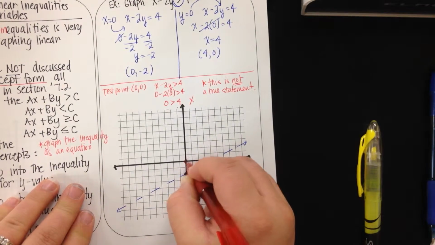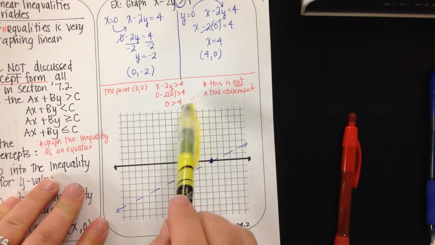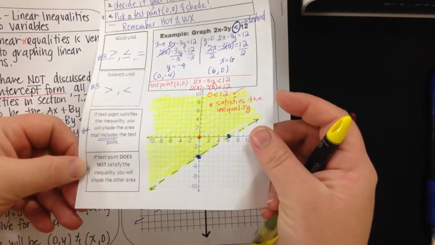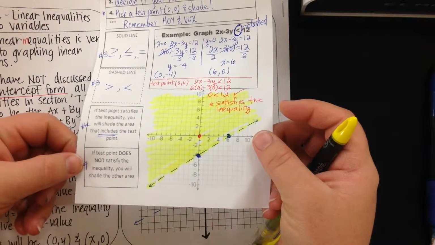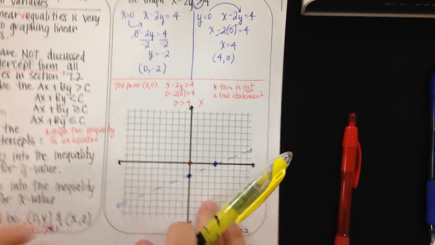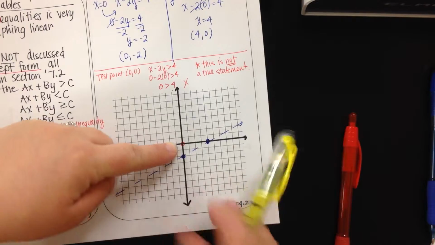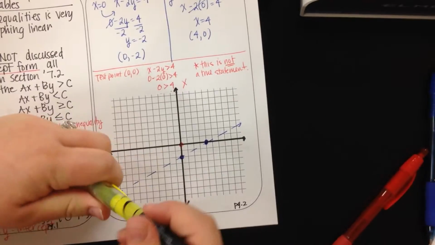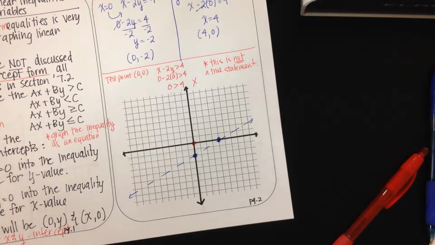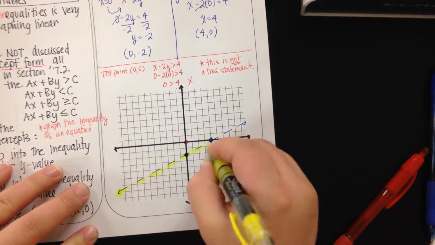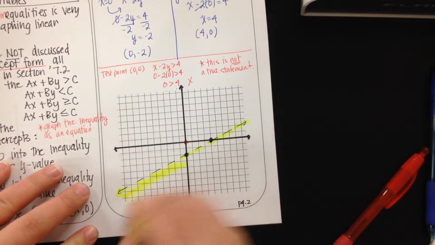So if this is 0, 0, and this is not a true statement, back over to that foldable on your little box, if the test point does not satisfy the inequality, you will shade the other area. So if this is where our test point is, what area are we going to shade? Above the line or below the line? We're going to shade below the line. Very good, because we do not want that test point included.